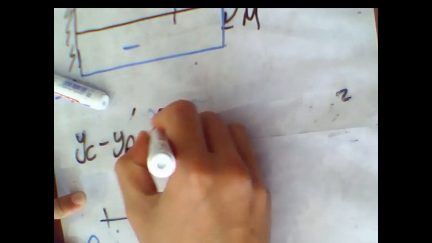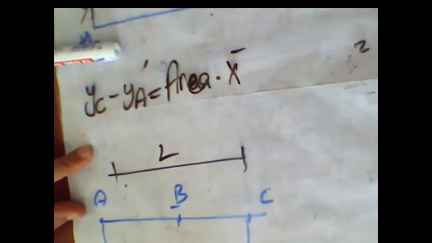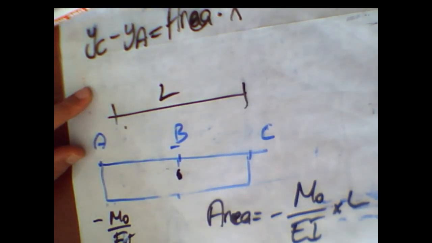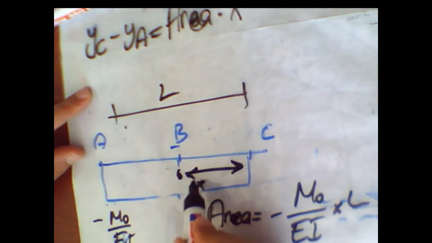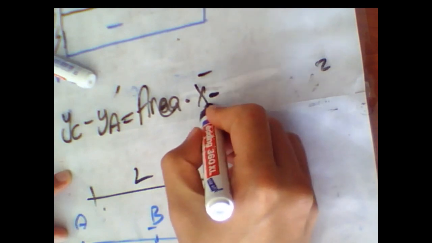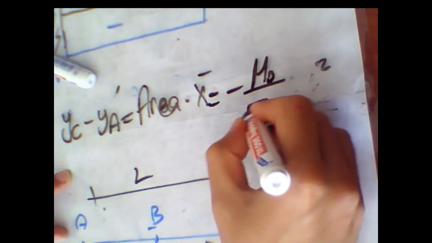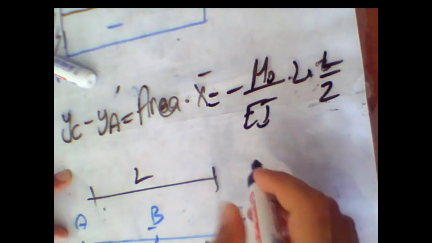If I go back to the formulation, area times X bar. So what is the X bar? X bar is the center of this rectangle. This length X bar is equal to L over 2. So I have to write minus M0 over EI times L over 2.